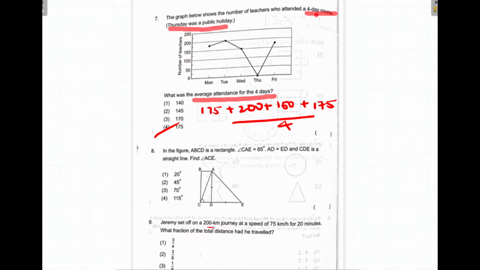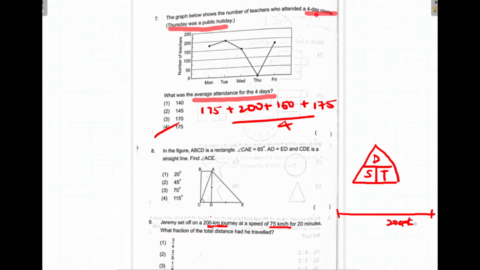Okay, set off on a 200 kilometer journey at a speed. This is speed. You know distance equals speed times time. You have to remember this triangle, correct or not? And then here is distance. So it says that the total distance is actually 200 kilometer.